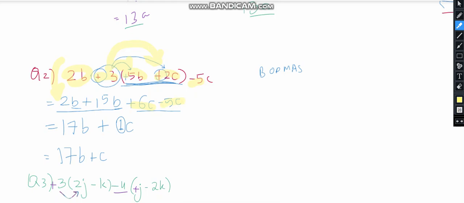So minus 5c remains the same. Then this one and this one, they were like terms. I did this, so this became 17b. And I did this, so this became 1c. I'll just ignore the 1, so it was simply c, which was our answer. And I think it's all clear, so let's meet in the next video. Till then, take care.